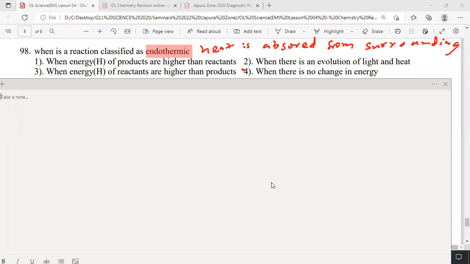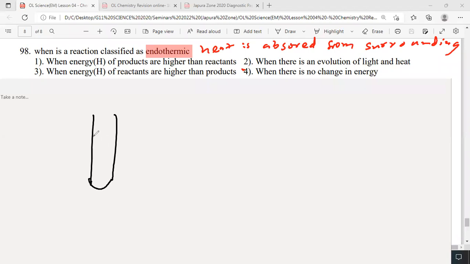Okay, I'll give one example. Imagine water, H2O, at 25 degrees Celsius. Now you add a sample of sodium chloride and dissolve it here.